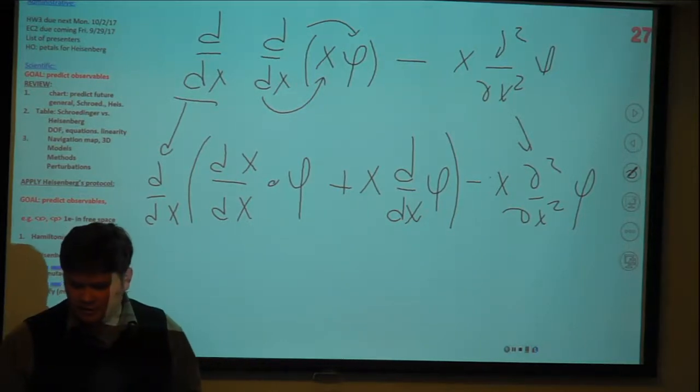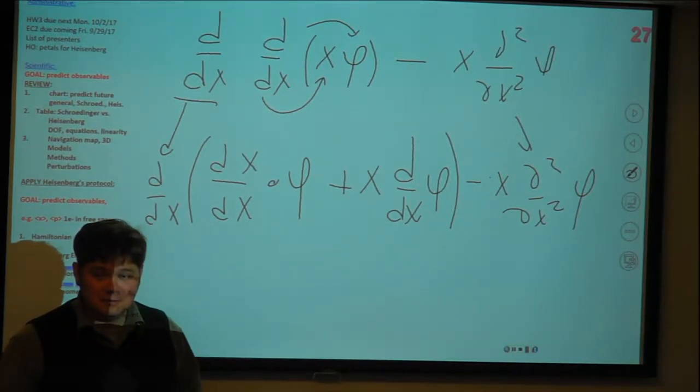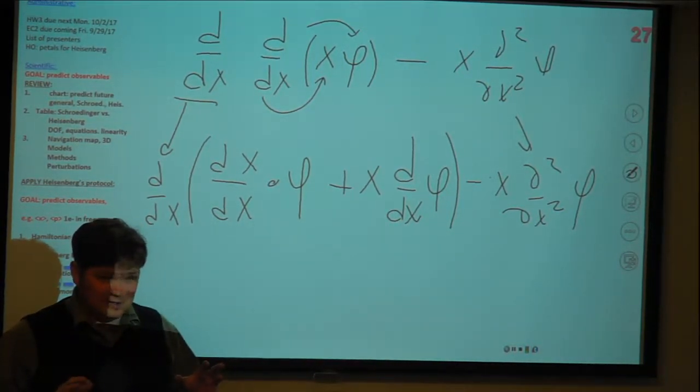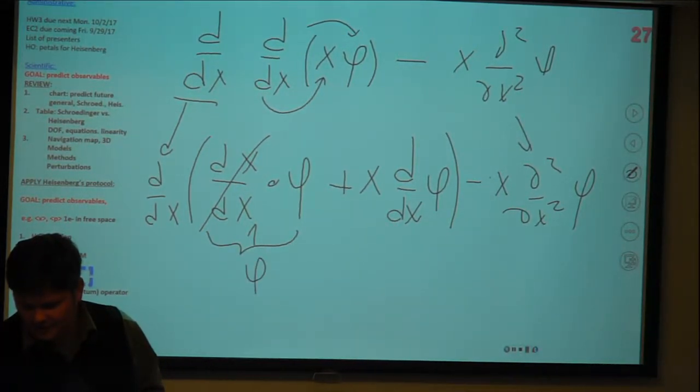So what is the derivative of x over x? There is no trap, it's a trivial question. It's 1. So from the first term we are getting phi, the function that we keep in mind. And from the second term we just do not change it: x times d phi dx.